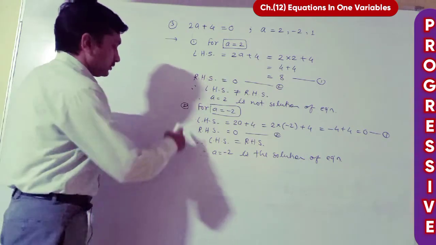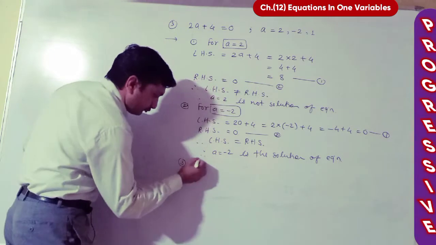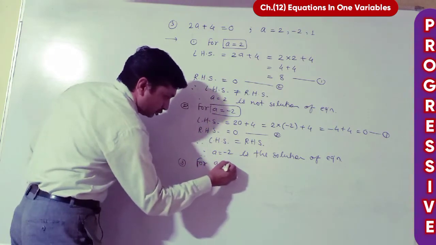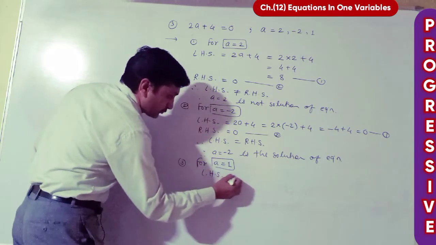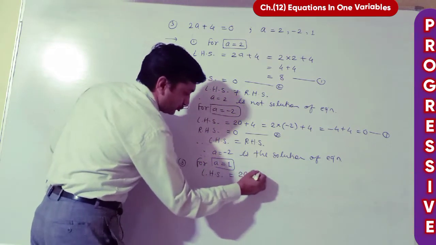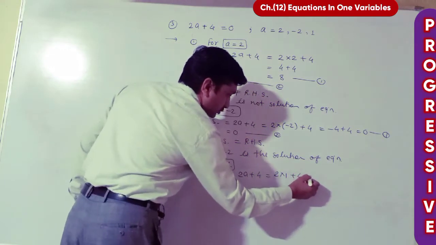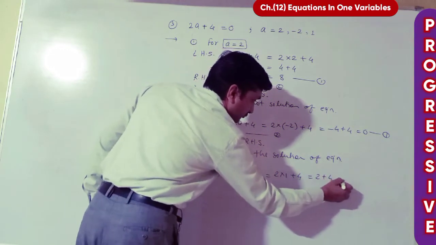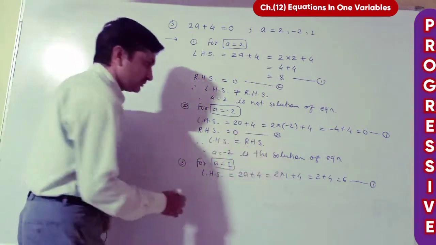Now third, let's see for third value 1. For a is equal to 1, LHS is equal to 2a plus 4, 2 multiplied by 1 plus 4, 2 ones are 2 plus 4 is equal to 6, number 1. Left hand side is 6.